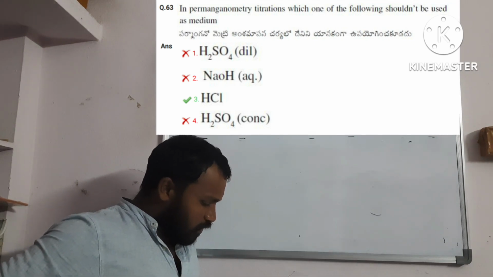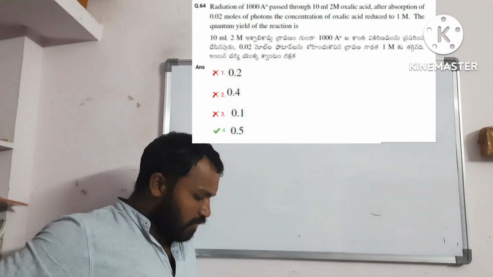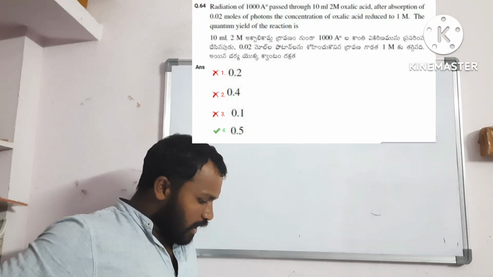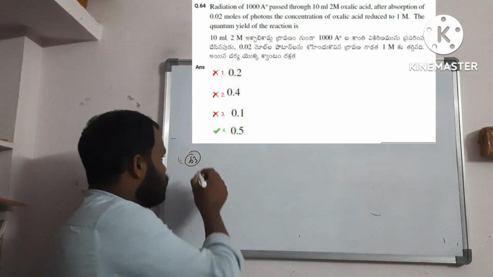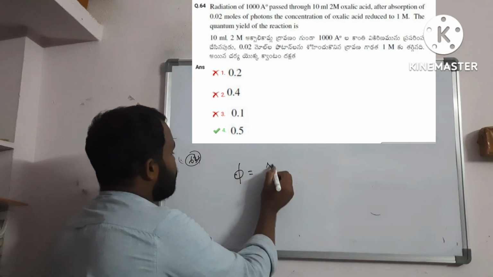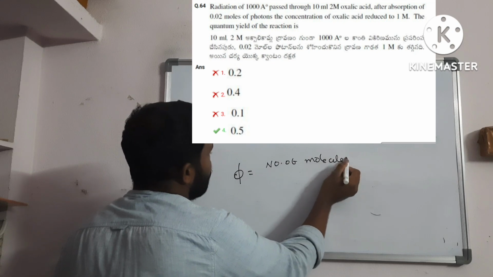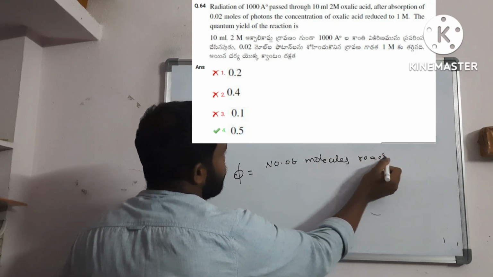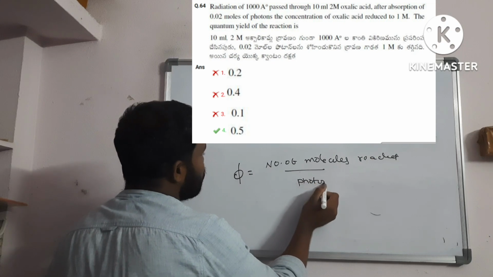Next, question number 64. Radiation of 1000 angstroms passed through 10 ml of 2M oxalic acid. After absorption of 0.02 moles of photons, the concentration of oxalic acid reduced to 1M. The quantum yield of the reaction? What is the quantum yield formula? Number of molecules reacted in a given time by number of photons absorbed.